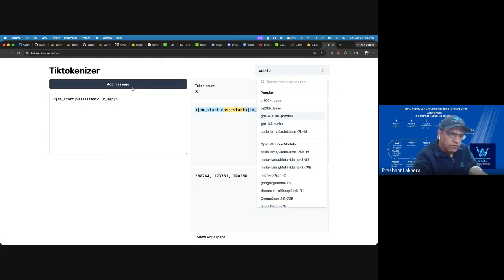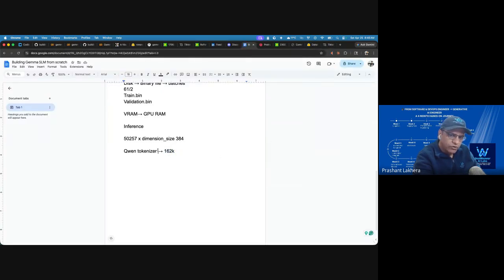If you don't want any hassle or pain, just start with the Qwen tokenizer. It's going to fit all of your use cases, if you need to tackle English and non-English. But if your use case is just English, just start with the GPT tokenizer. It can satisfy all of your requirements.